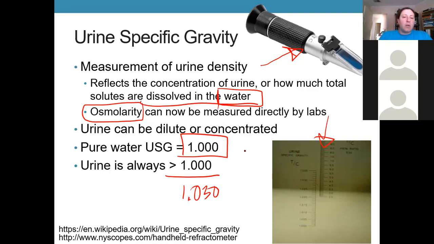When it's really low and closer to water, then you're probably pretty hydrated because you're getting rid of your excess water. And when it's higher, closer to that, then you're probably more dehydrated and you're trying to only get rid of as much urine as is necessary to get rid of the waste products in it.